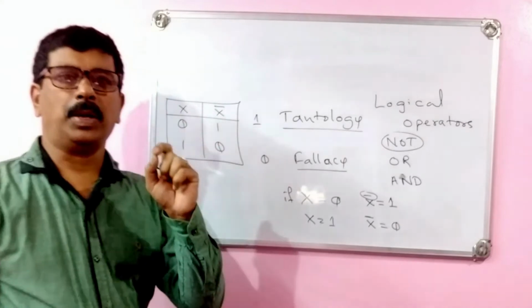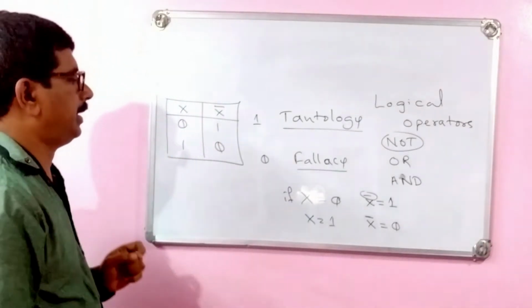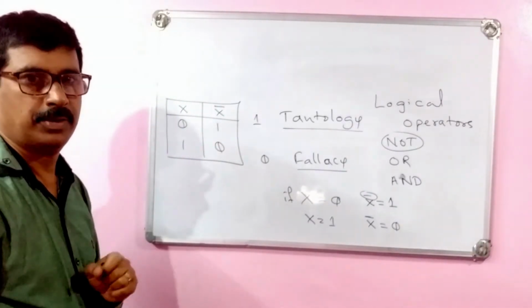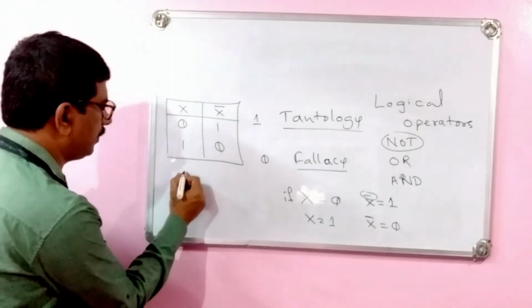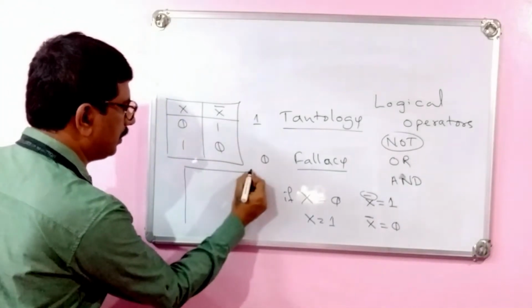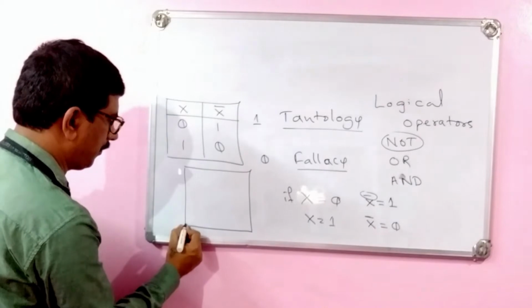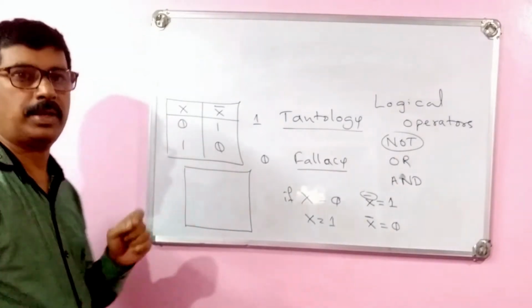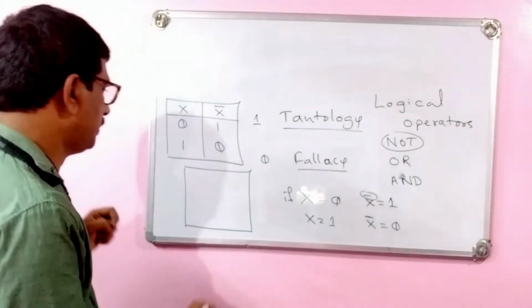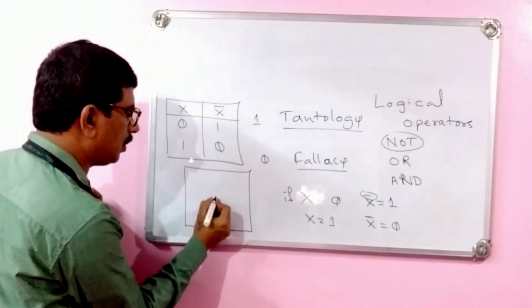And by using a Venn diagram, how will we represent it? The Venn diagram we will use to represent the not operation.